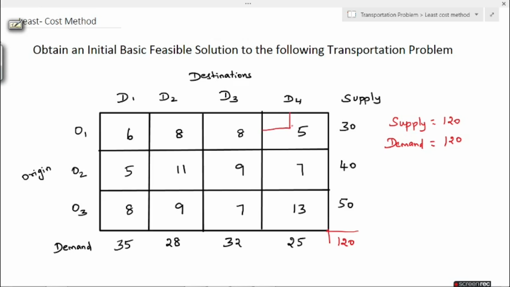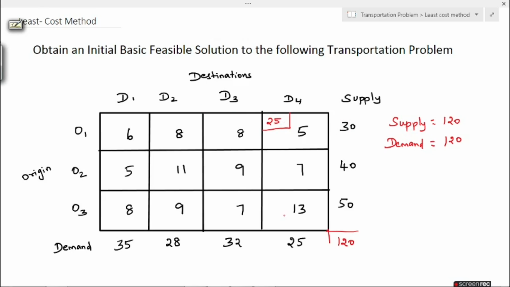We have to consider the corresponding demand and supply. I am taking this 5. The corresponding demand value is 25 and the corresponding supply value is 30. We have to allocate the minimum value, which is 25.